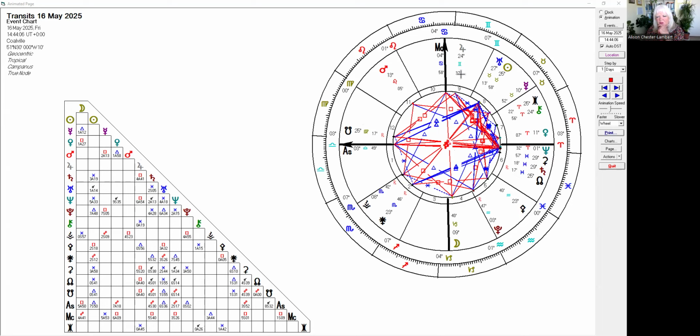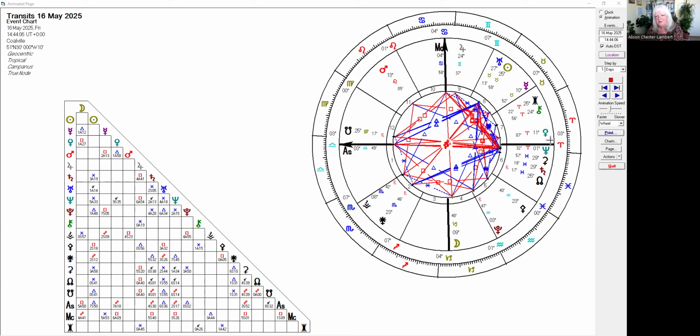We have Jupiter up here, and Jupiter is squaring Saturn, because Jupiter is in Gemini and Saturn is at 29 degrees of Pisces. I'll just go through them as I come to them. So there's Neptune, and then we've got Uranus here, and I think that's it, isn't it?